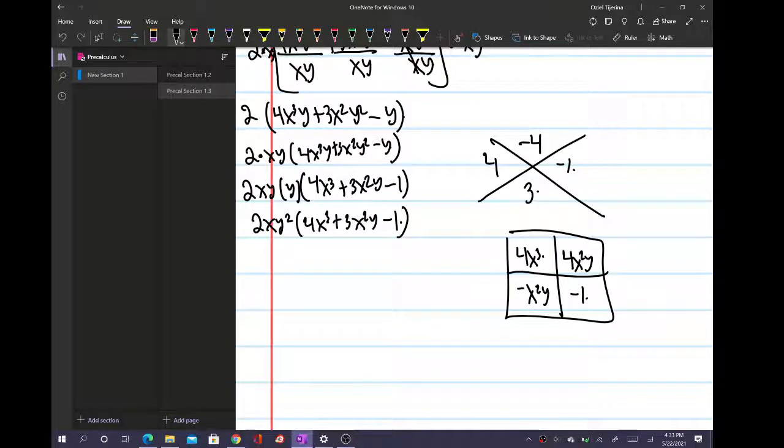So then I can say that this is 2x and 2x squared, or, my bad, or actually, no, I'm right. 2x and 2x squared.